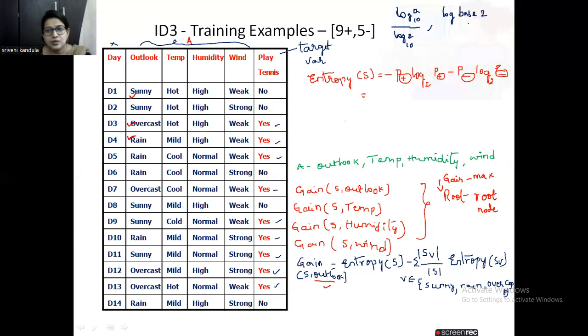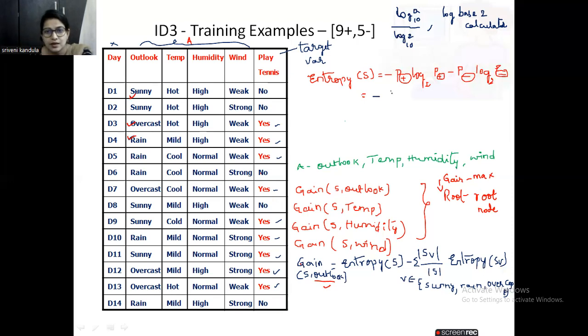I want all of you to work. Let it be any of the ways. Either work with a scientific calculator, or a traditional calculator is also fine. Otherwise, work with the log base 2 calculator. Now, let us calculate the value. P plus, the probability of positive examples.